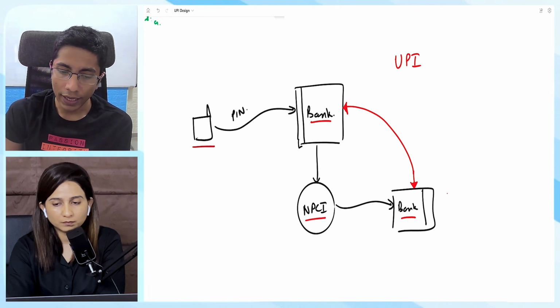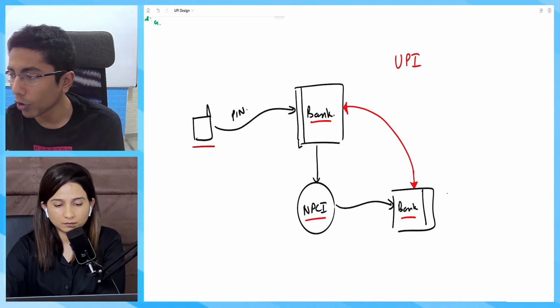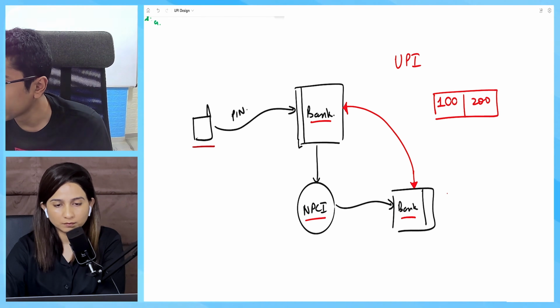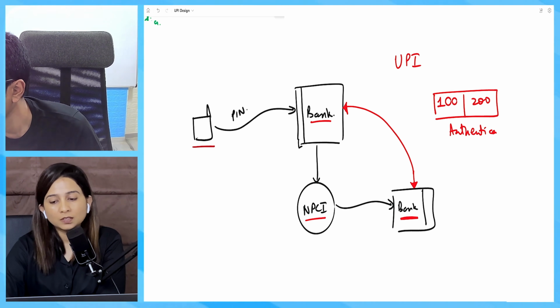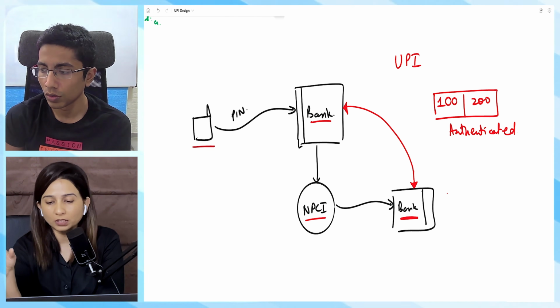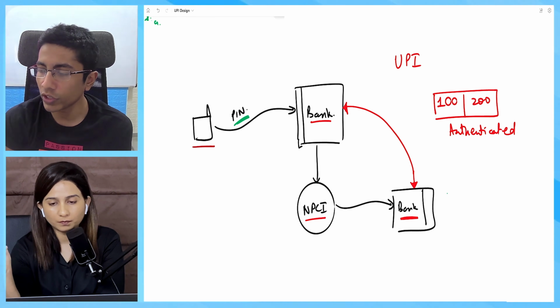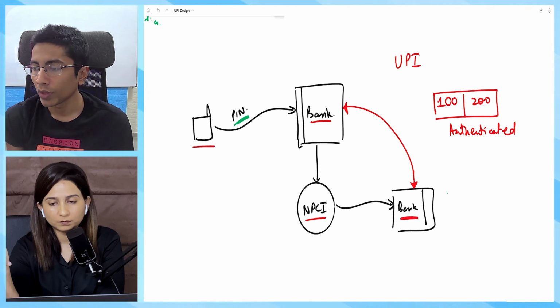So when HDFC Bank says that I need to transfer money from account 100 to account 200, all this bank needs to know is whether this is an authenticated request or not. The only headache that NPCI should take is the authentication of the user. One factor is the PIN, which tells the bank that it has come from a registered client.